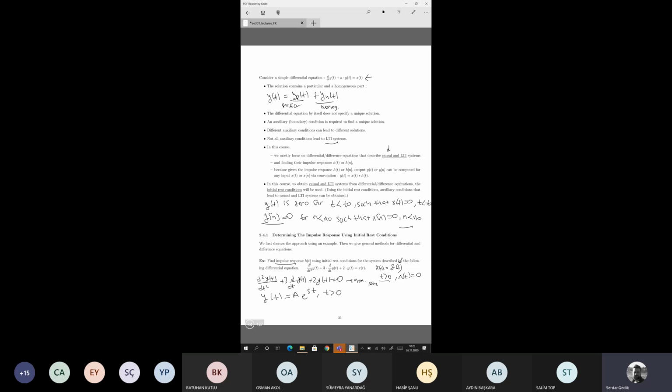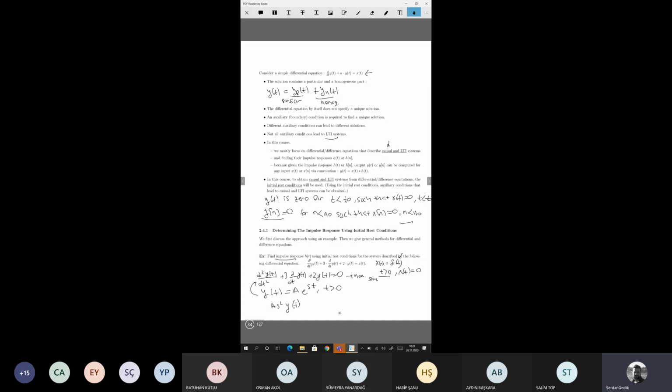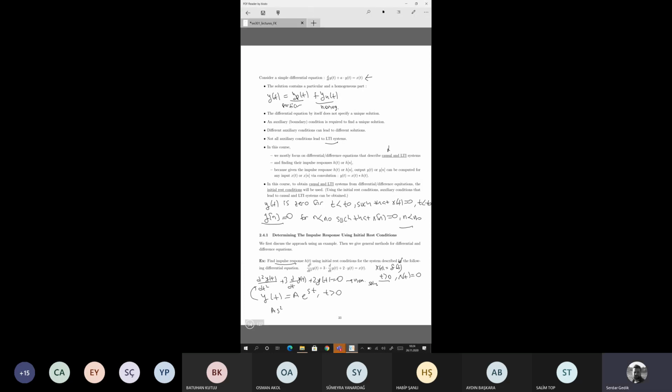So this is the homogeneous solution. And if I put this in here, I have a times s squared e to the power st plus 3as e to the power st plus 2a e to the power st is equal to 0.